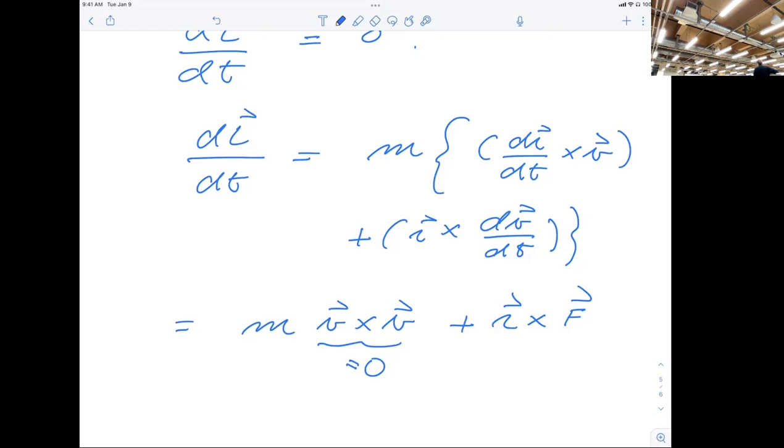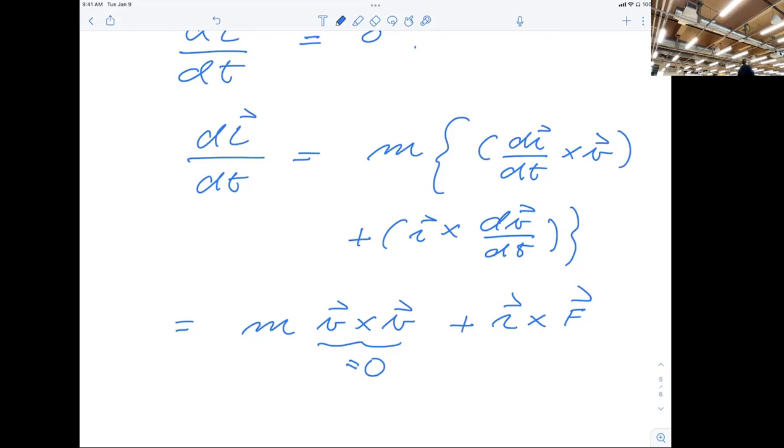So if the force is parallel to r, it means it's just a constant times something. So what would we get then? 0 again. So if we now can write the force as something which is proportional to r, then the angular momentum will be conserved. And this is actually what happens when we have a conservative force which depends only on position.